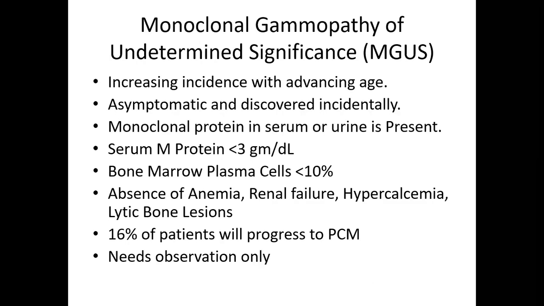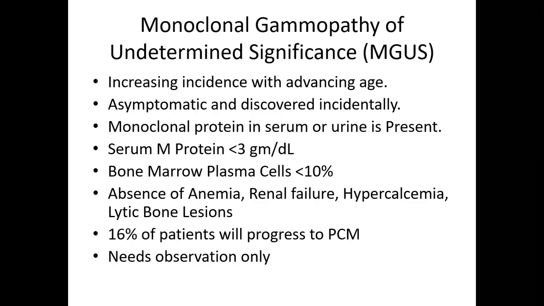Now we come to a condition called the monoclonal gammopathy of undetermined significance. In this condition, the plasma cells are slightly increased in the bone marrow, but they don't reach 10%. This increase occurs commonly in advancing age in asymptomatic people, and the M band is discovered incidentally.